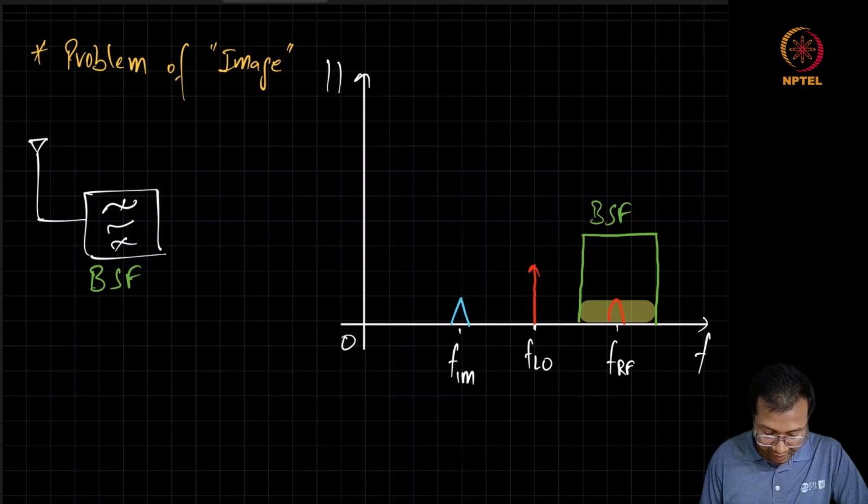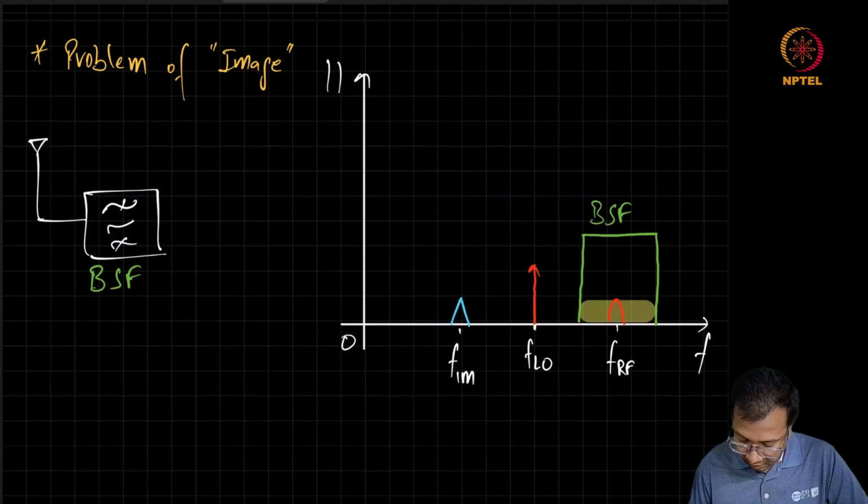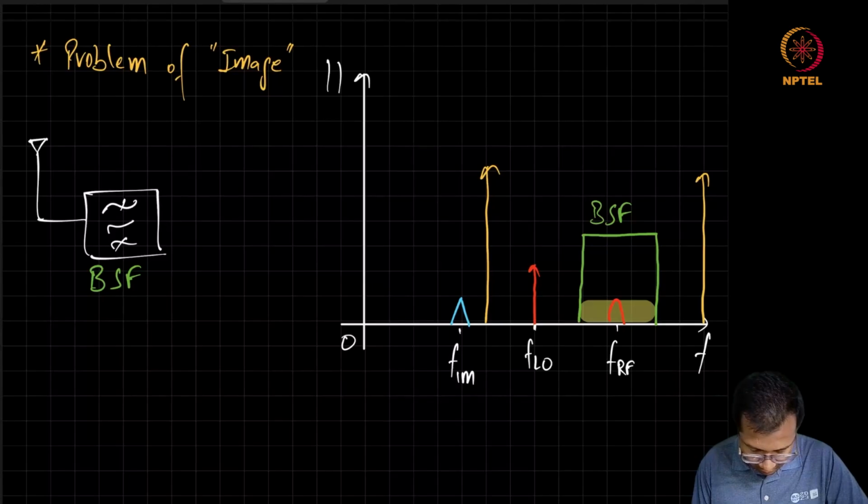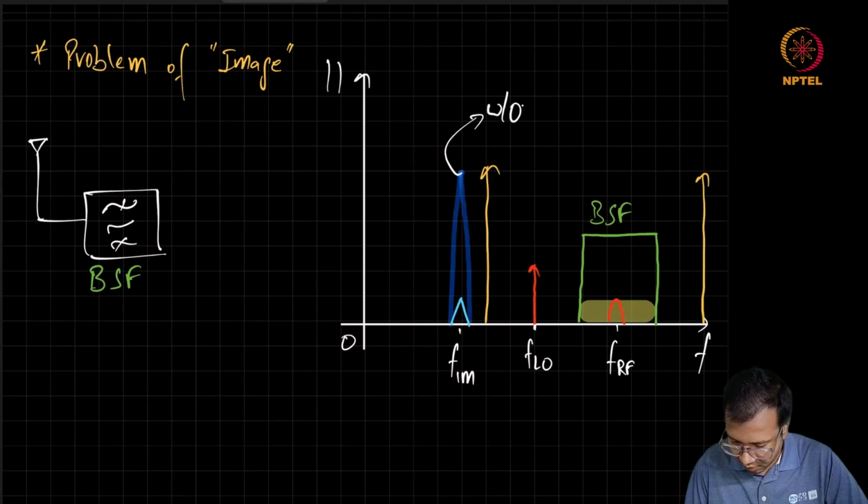Now this band select filter is handling much higher signal compared to our in-band signals because there can be out-of-band blockers, this signal at the image frequency itself can be pretty high without band select filter.